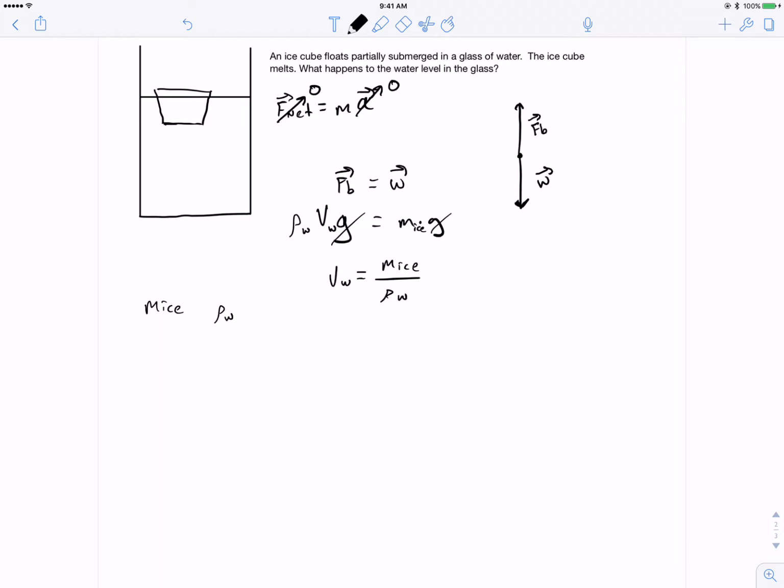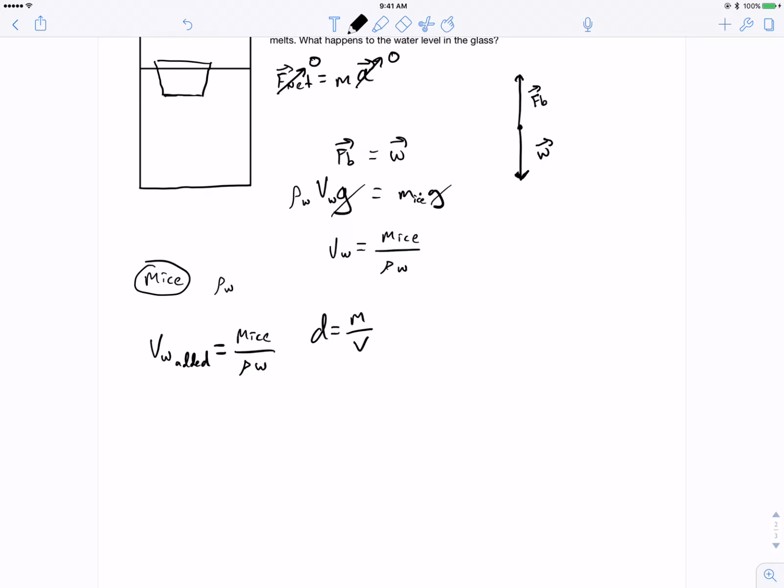And important to note here is that the mass of the ice is not going to change when the ice melts. The mass will be conserved. So the volume of water added is just going to equal the mass of the ice over the density of water. And of course, that comes from the density equals mass over volume equation.